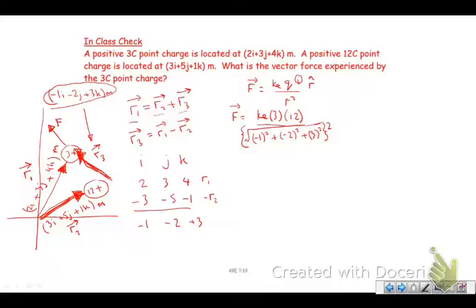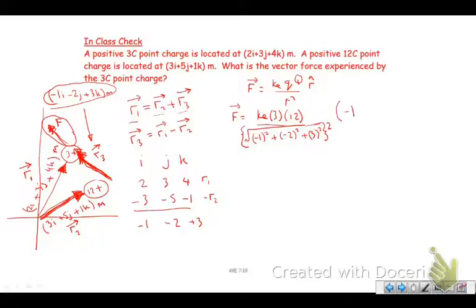This vector, this R3, points in from 12 to the 3. Is that the same direction or the opposite direction to the F? It's the same, isn't it? It's pointing in that direction, and this guy is pointing in that direction. So I don't need to do anything about that. I don't need to turn it around. I just need to make it so this unit vector only has a magnitude of 1. This R3 is in the right direction.